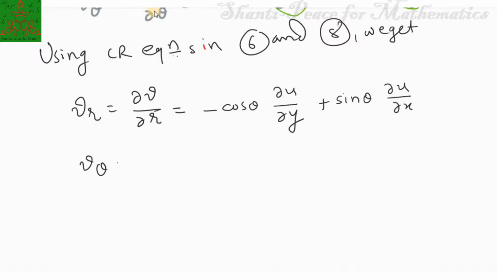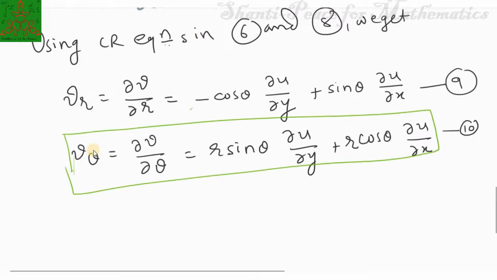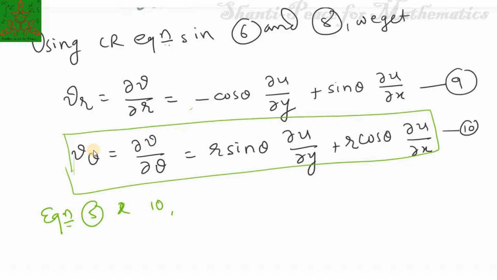And V theta, you can write as del V by del theta, which is r sin theta del U by del y plus r cos theta del U by del x. We call these equations 9 and 10. Now just see equations 5 and 10.